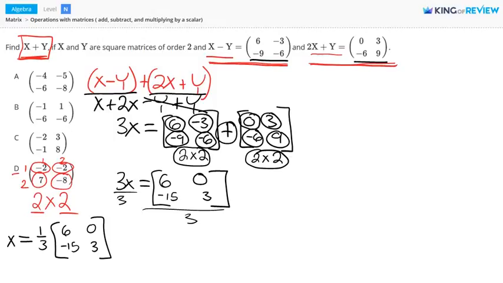When working with matrices, a real number is called a scalar. To multiply a matrix by a scalar, you multiply each entry in the matrix by the scalar. This is called scalar multiplication. In this case, my scalar is 1/3, and I'm going to multiply each entry within this matrix by 1/3.